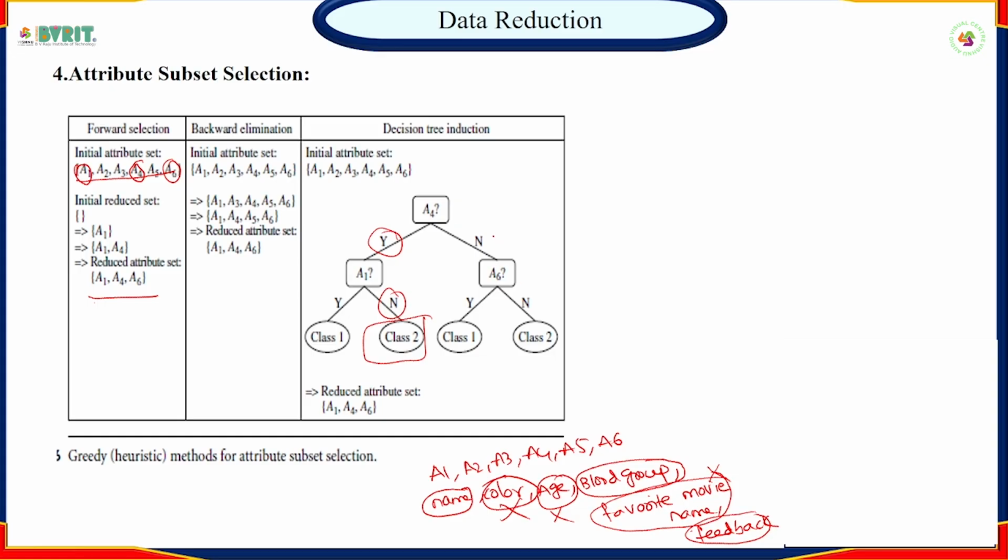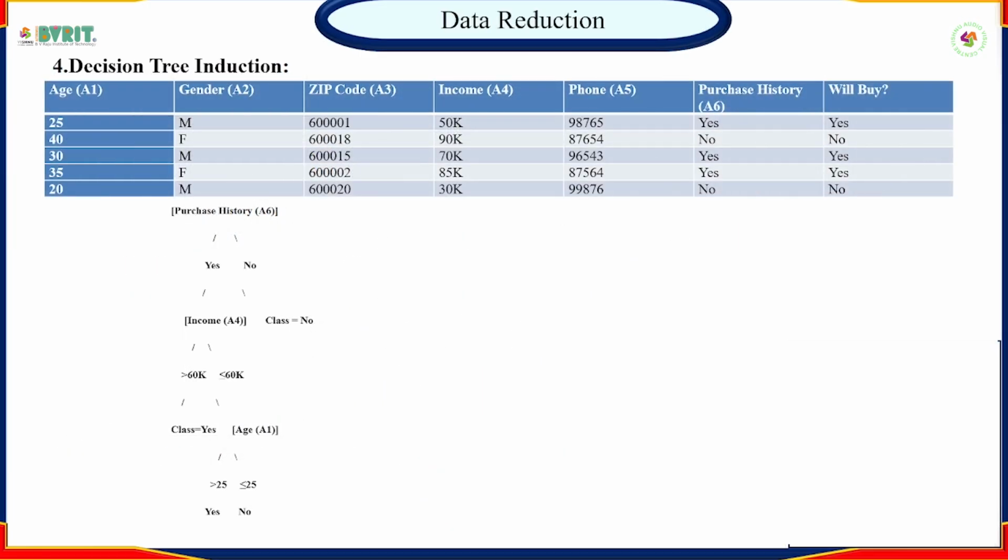Here it is no, so that belongs to class 2, and here it is no. If it contains yes, that belongs to class 1. So finally A1, A4, A6 belongs to class 1. The other things belong to class 2. So that is about attribute subset selection.